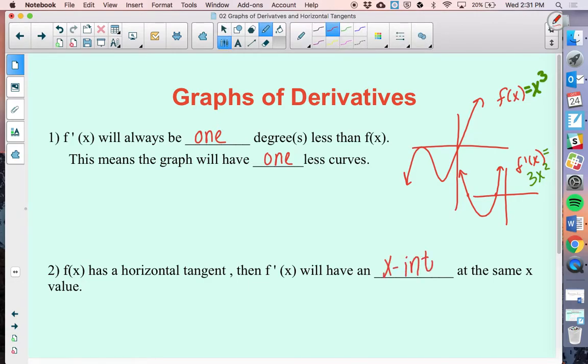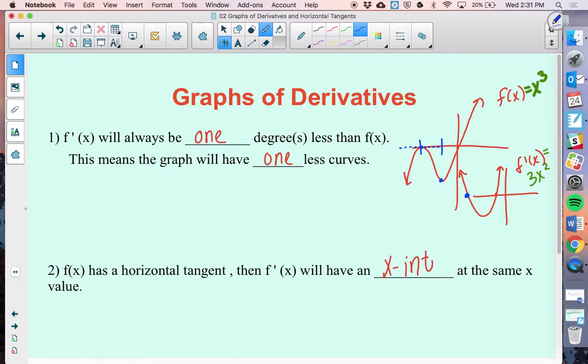And that's because if this graph right here is my f of x, right here I have a slope of 0. So let's say that occurs at negative 2. Well, if I'm graphing my derivative, that means at negative 2 it should be 0, because that tells me that the slope is 0 at that x value.